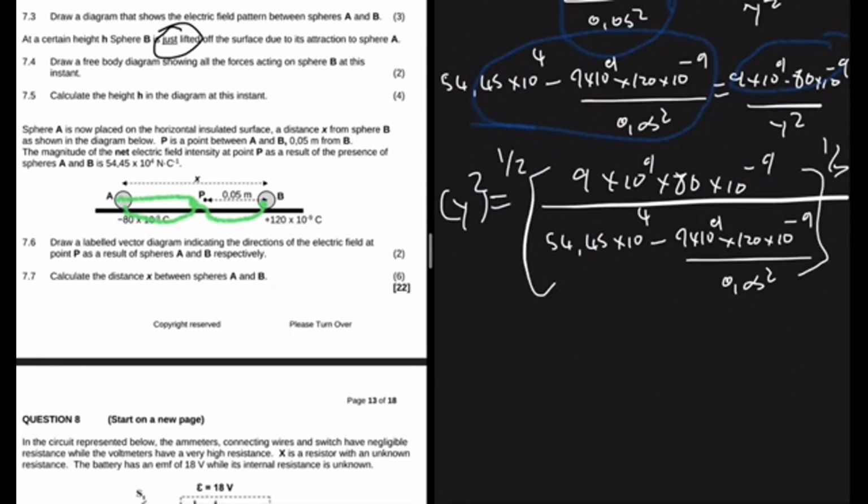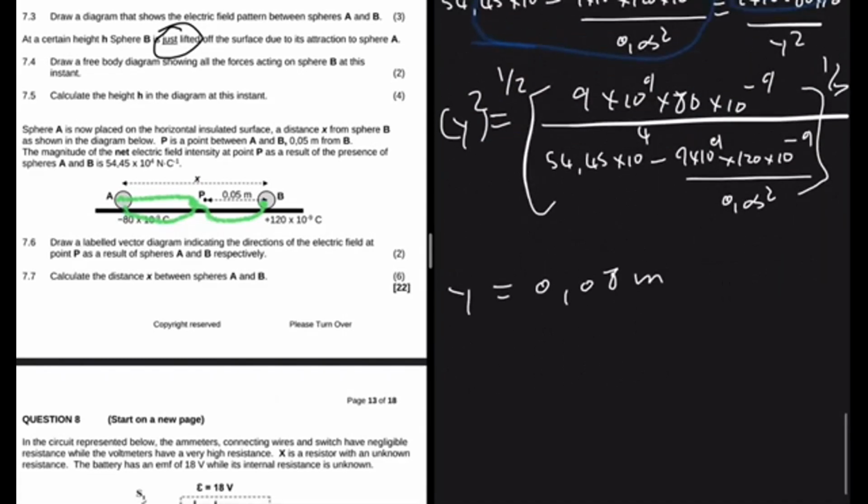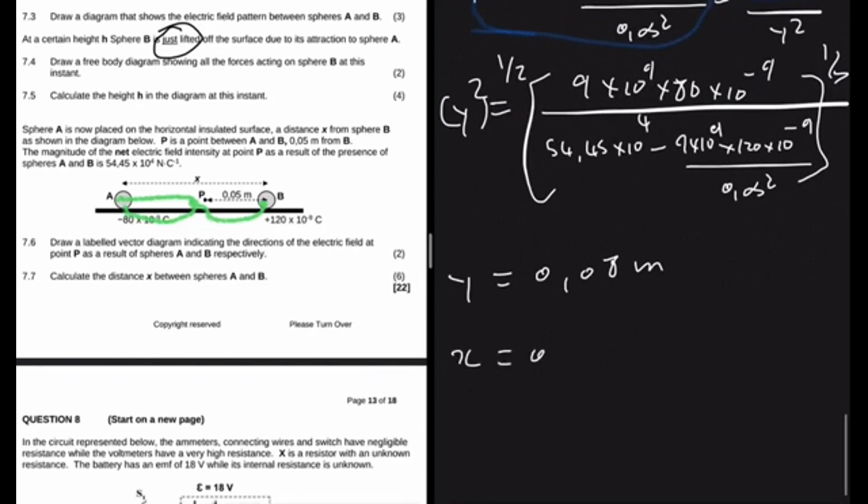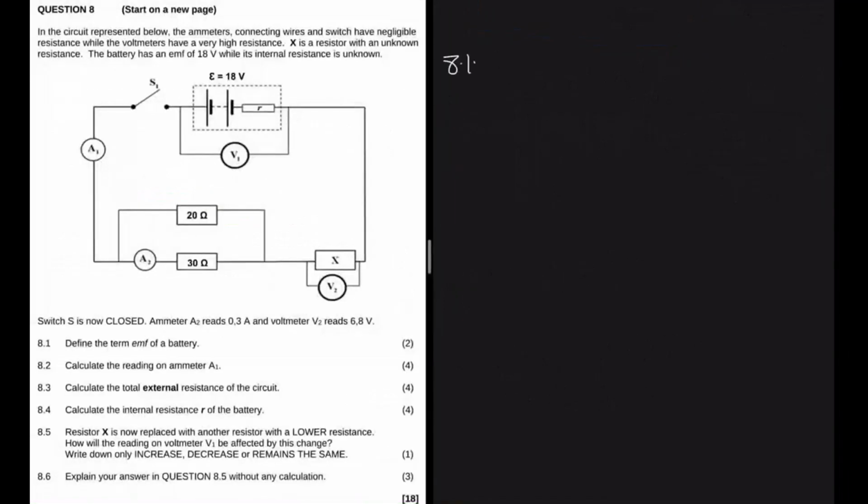And then if you do that, you're going to get y equals 0.08 meters, right? So x will be 0.08 plus 0.05, which is 0.13 meters.